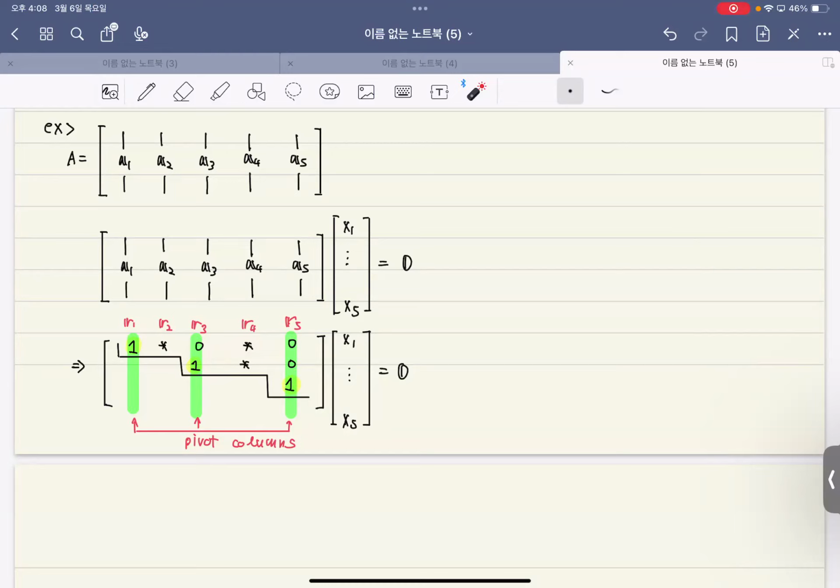Now, the first, third, and fifth columns contain the pivots, and I want to claim that the first, third, and fifth columns of the original matrix must be linearly independent.